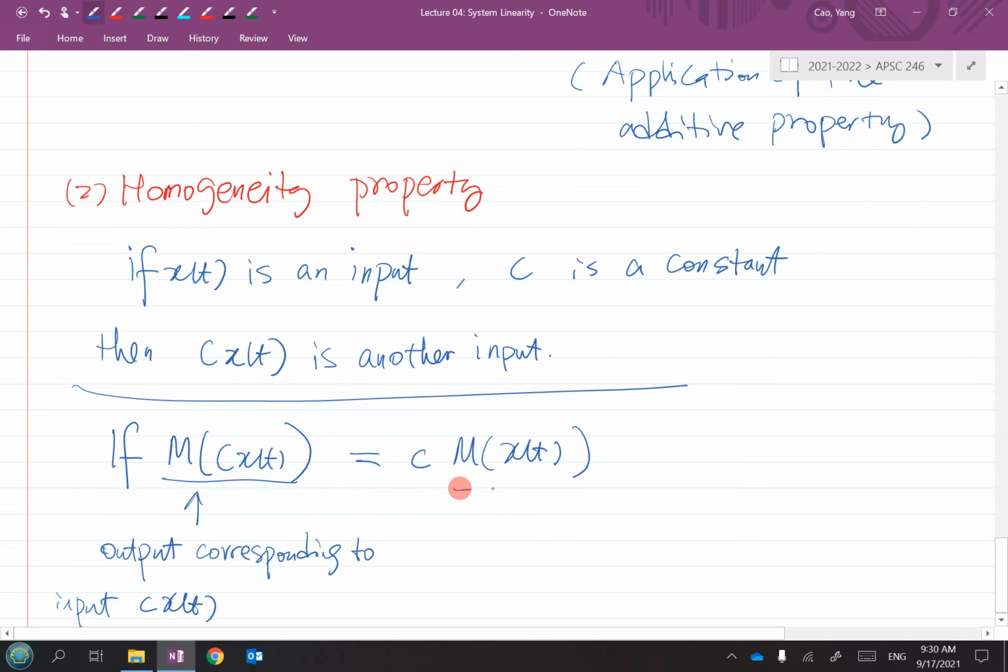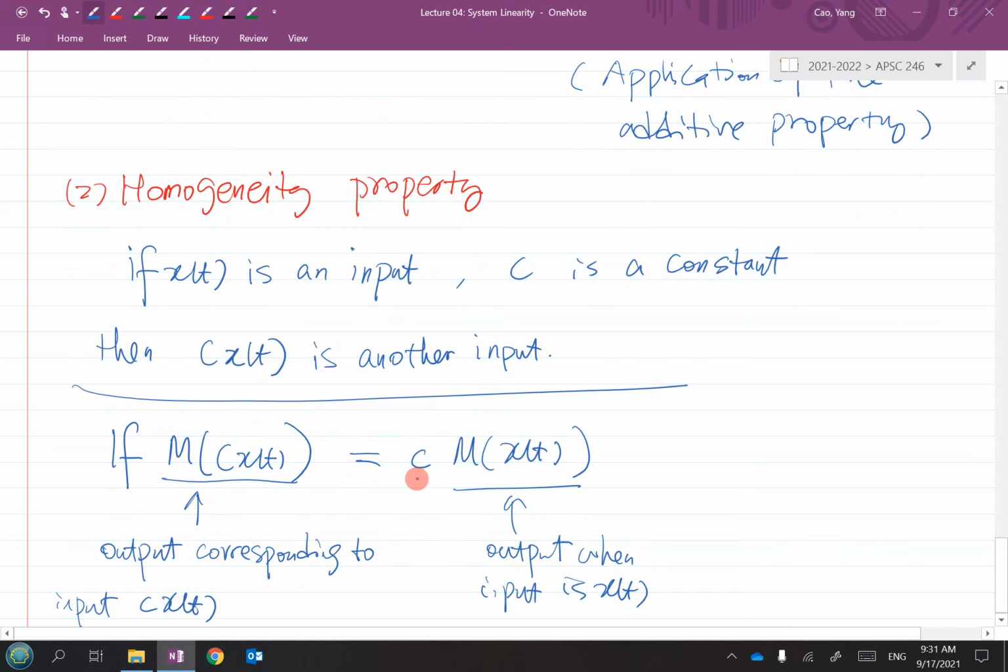And this side here is very straightforward. This is the output when the input is x of t. Looking at this equality, it means that when your input is changed to cx of t, the corresponding output is related to the original output by just being multiplied by the constant c.